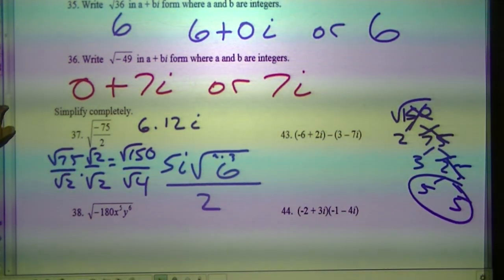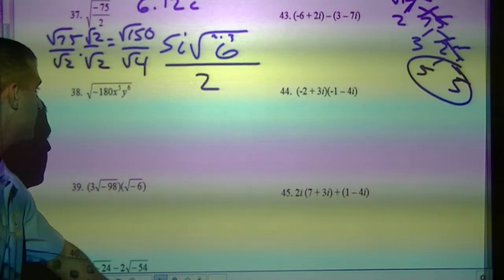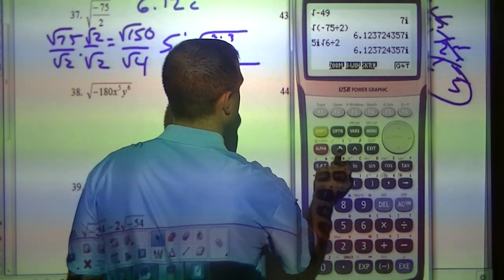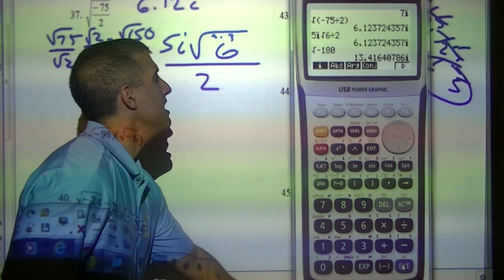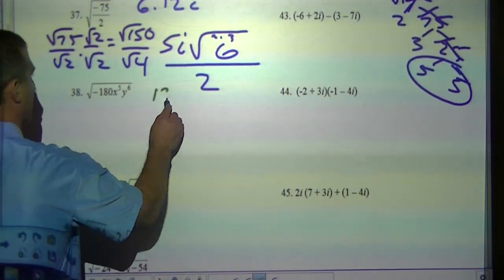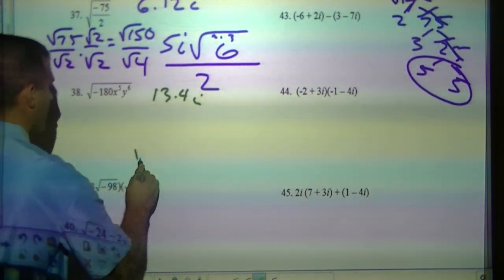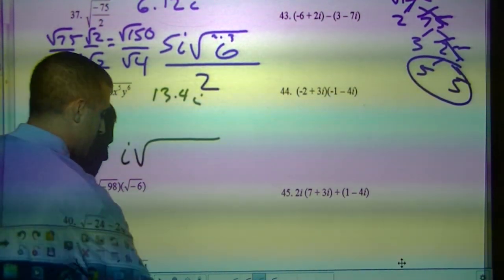Going down here to these, once again, I'm going to do the square root of negative 180. I get 13.4i, so I know that i has got to be involved in my answer here.